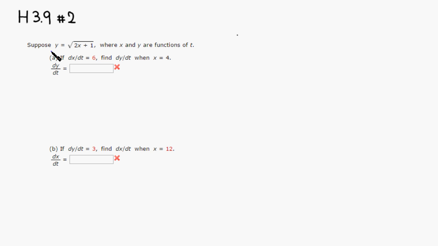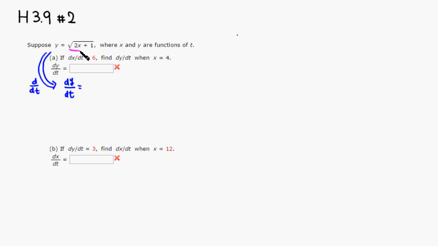From here, we take the derivative with respect to t, so d over dt. The derivative of y would be dy over dt. Maybe I should rewrite this.